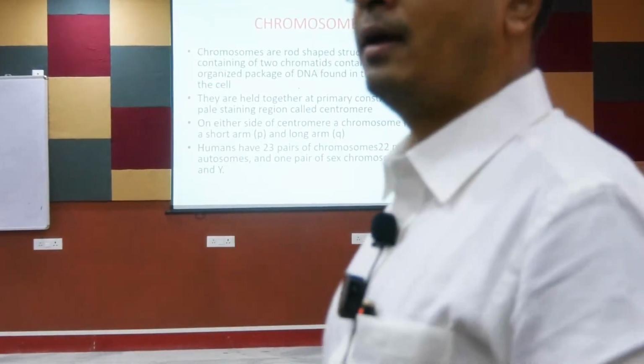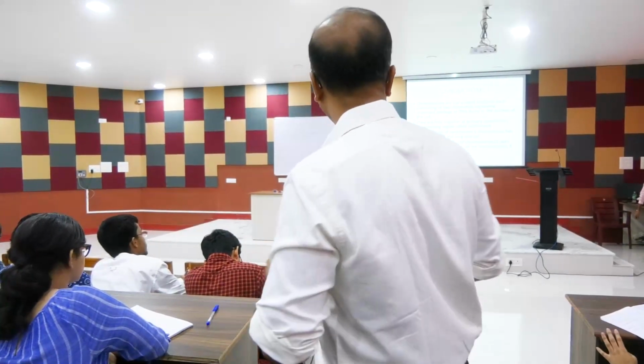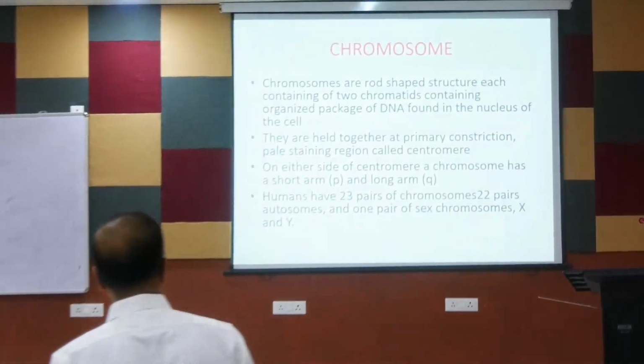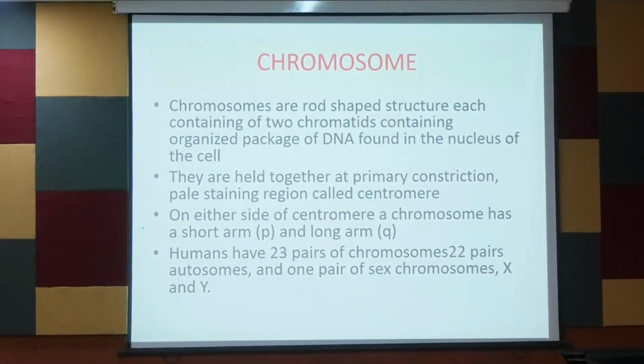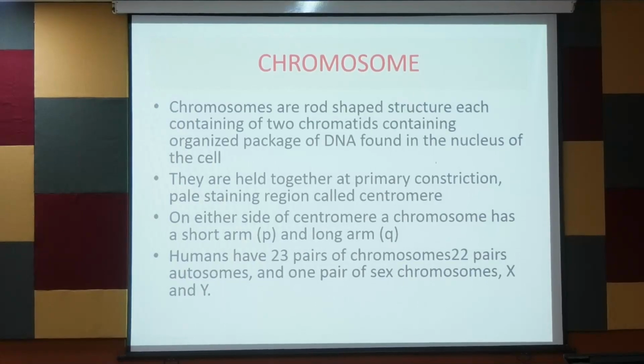In a human body, in 2n cells, that means in somatic cells, if you count the chromosome numbers, 1, 2, 3, 4, 5, 6, we are going to get pairs, right? 23 pairs, 46 chromosomes. Out of these 46 chromosomes, we have 22 pairs which we call autosomes, and one pair known as sex chromosomes.